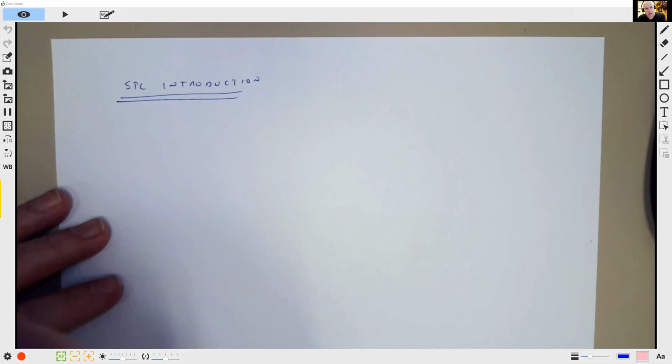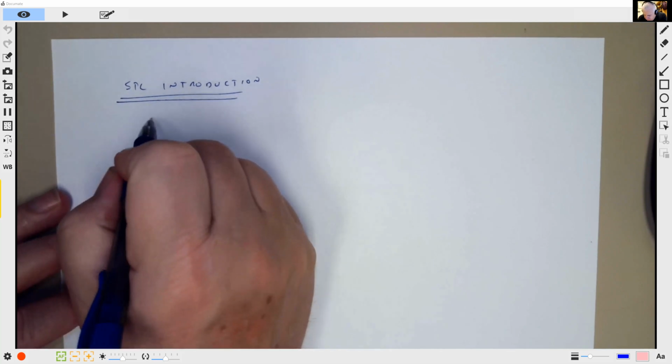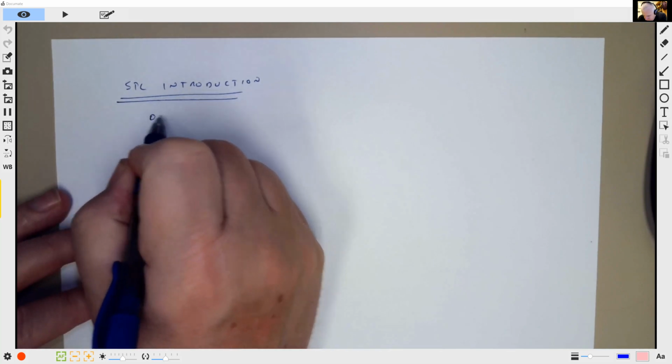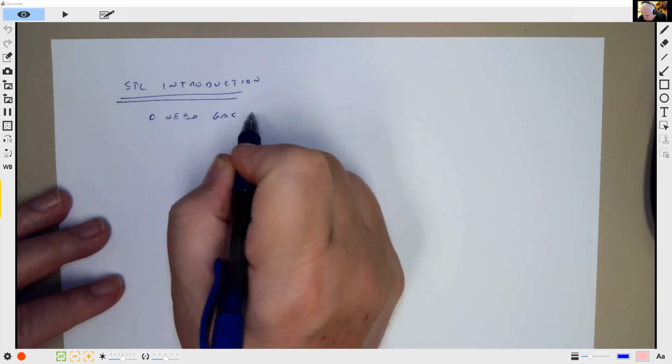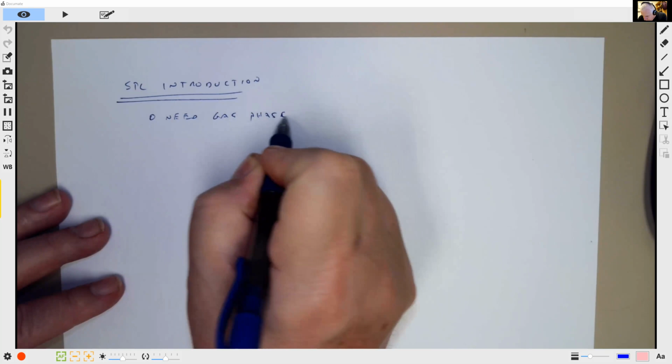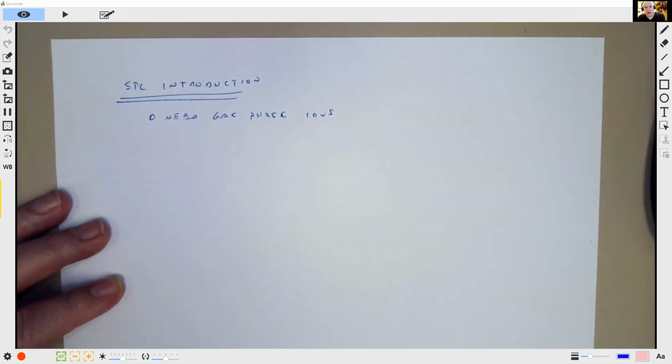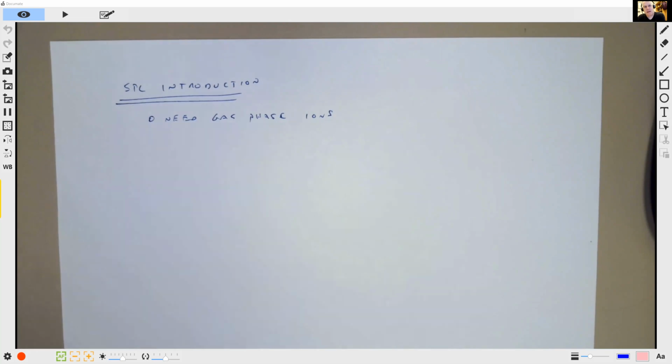What you need in the interior of the instrument is gas phase ions. And it's surprising how many different ways you can get analytes into a mass spec.